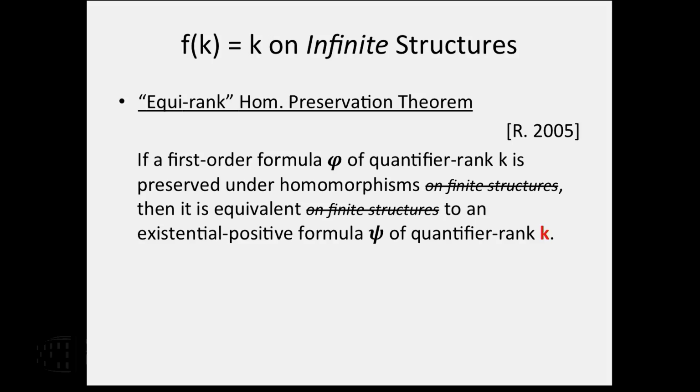I call this the equirank homomorphism preservation theorem: if a first-order formula phi is preserved under homomorphisms, then it's equivalent to an existential positive formula with the same quantifier rank. So there was this big gap. In the finite setting, we had a non-elementary upper bound, and in the classical setting, we have the exact same quantifier rank. This is a question that had been open from that work.